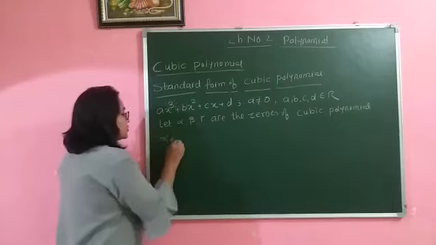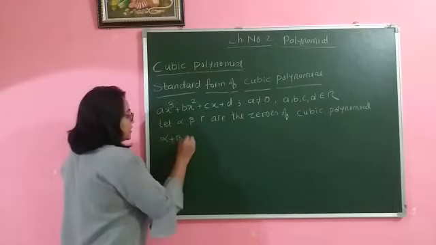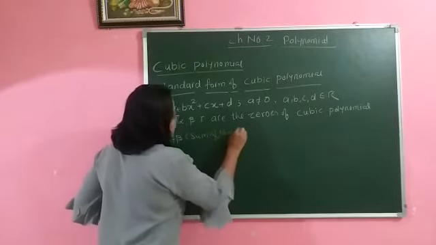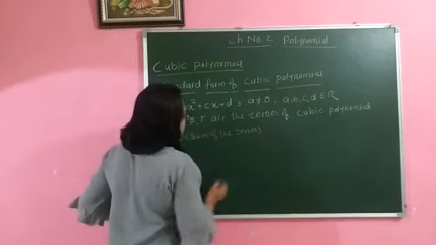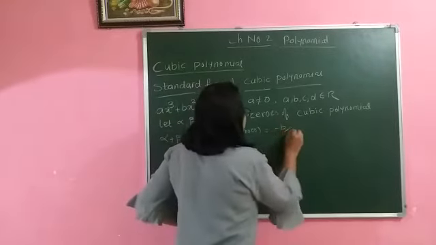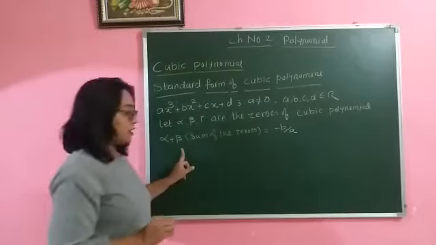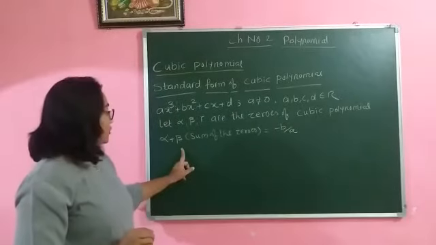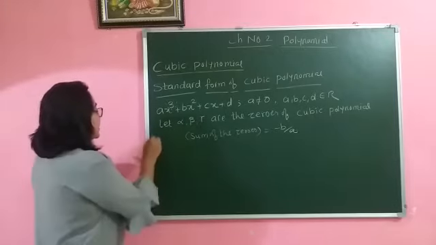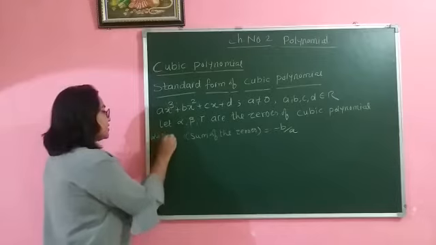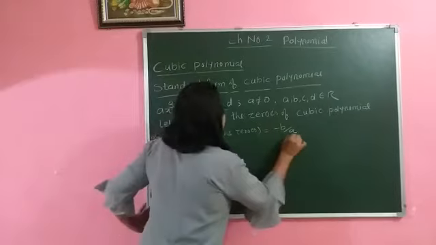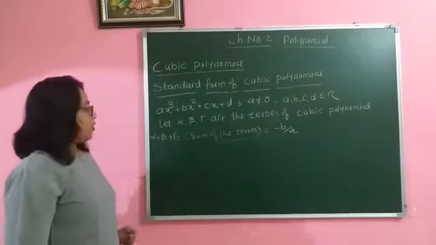Sum of the zeros, alpha plus beta. How will you find it? It is minus b by a, but that is for a quadratic polynomial. Here a cubic polynomial is given, so I will write alpha plus beta plus gamma, the sum of the zeros of this polynomial.